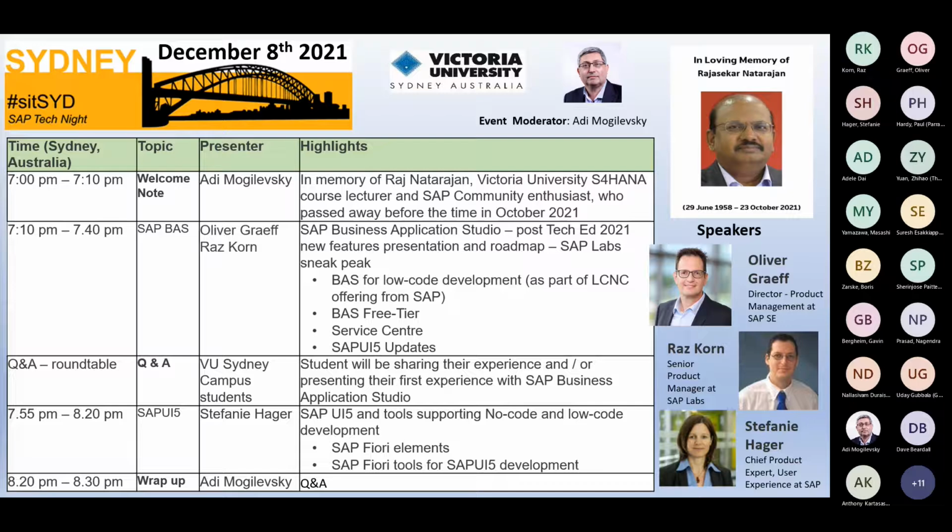I requested from students who learned how to use Business Application Studio for the last 7 weeks to present their works. They became a little bit shiny once I explained who Oliver, Raz, and Stefanie are. Oliver, Raz, and Stefanie are the top of the top in SAP. Raz is running Business Application Studio development in SAP Labs, and Oliver is director level. And Stefanie is also chief product expert.